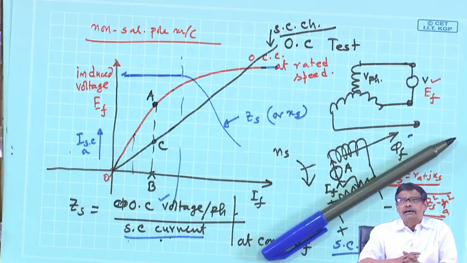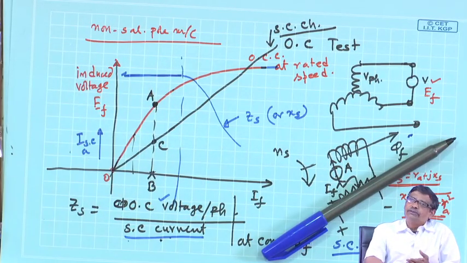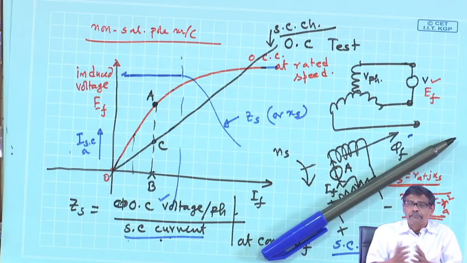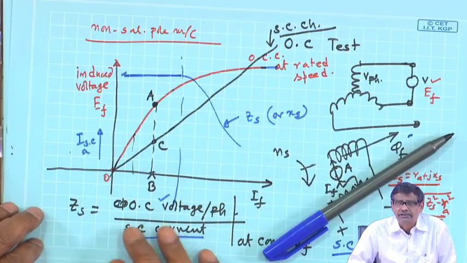So, in whatever I have analyzed so far in these classes, I have assumed XS to remain constant. Of course, some people calculate an adjusted value of XS, things like that, that we did not concern ourselves with here.